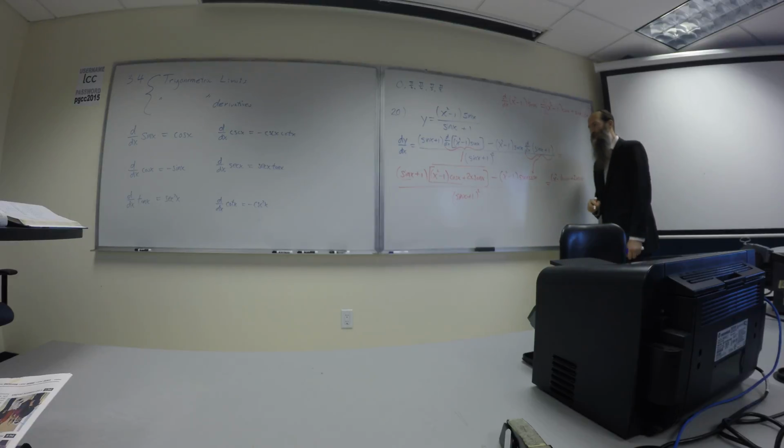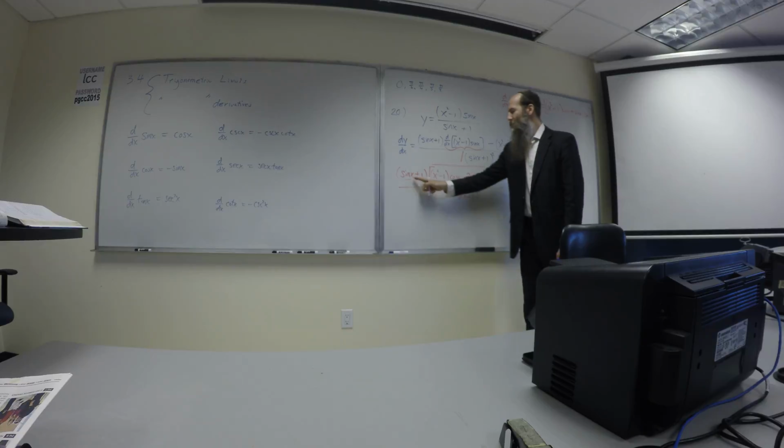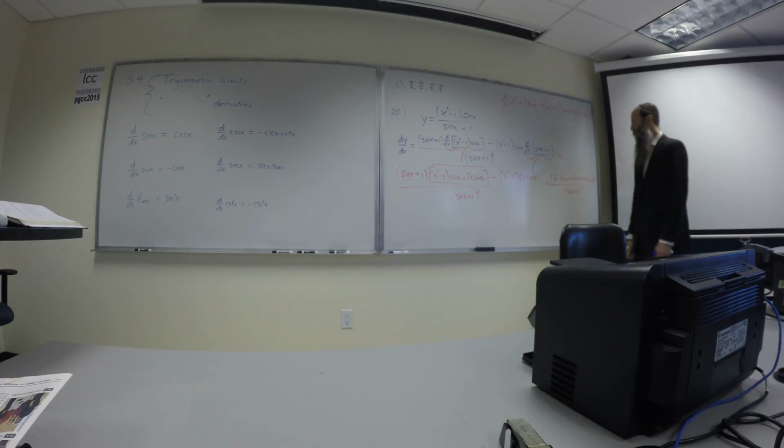The sine x with this one will give us 2x sine squared x. That's our numerator. And the bottom is sine x plus 1 quantity squared. Okay.